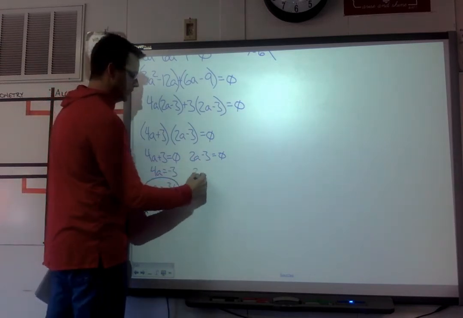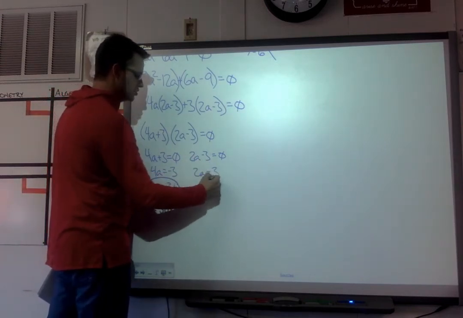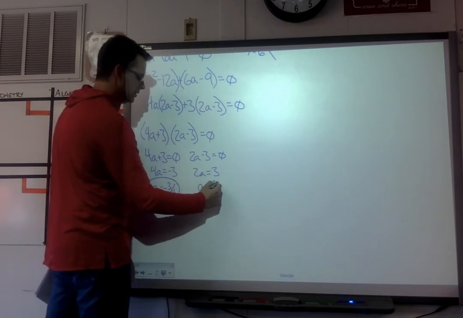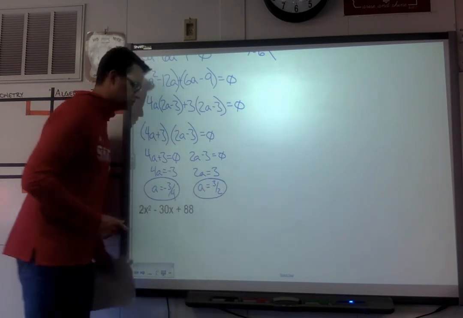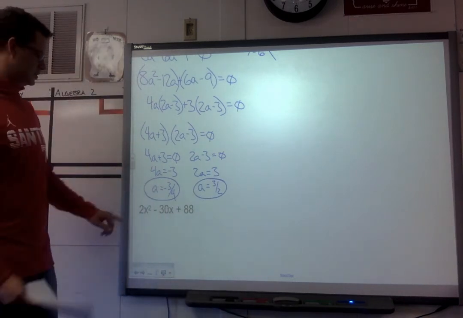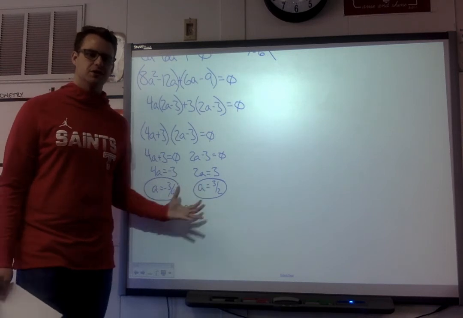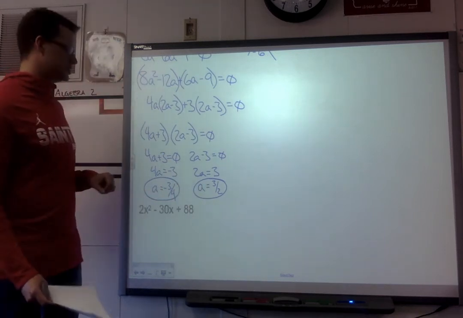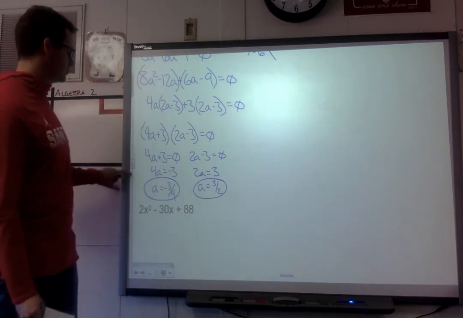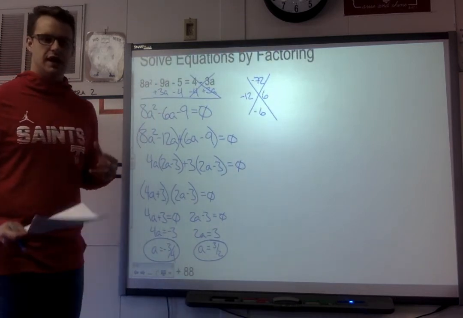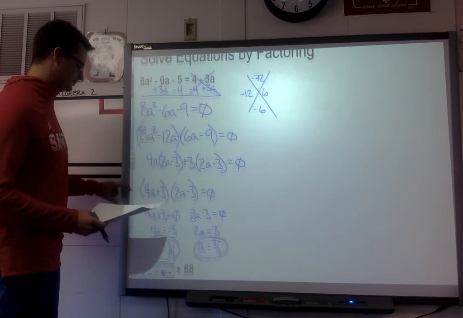On the second one, I'm going to add 3 to both sides, so 2a equals 3. Divide by 2, and I would get a equals 3/2. So negative 3/4 and 3/2 would be our two solutions to the equation that we started with, which means that you could plug either of those values in for a, and you would get the right answer.